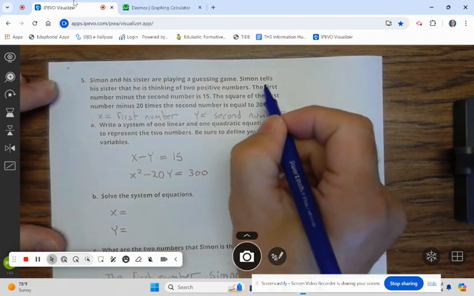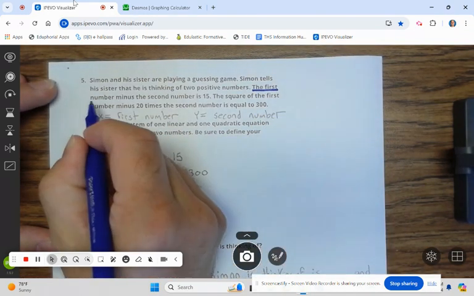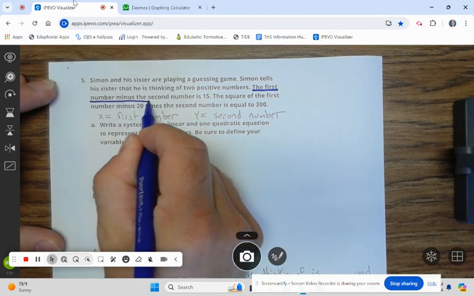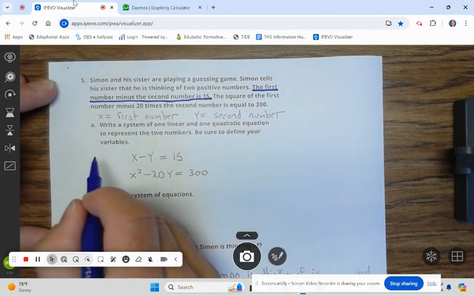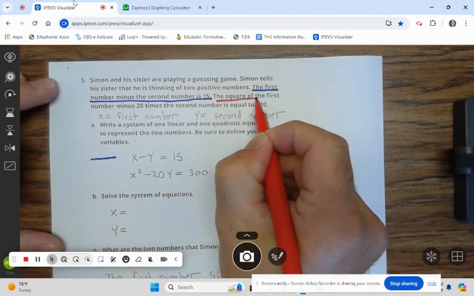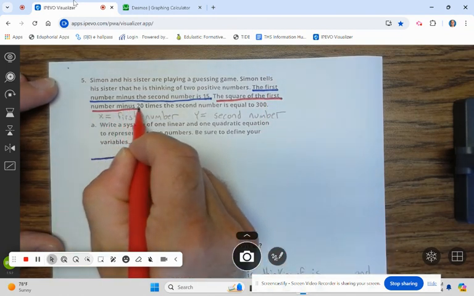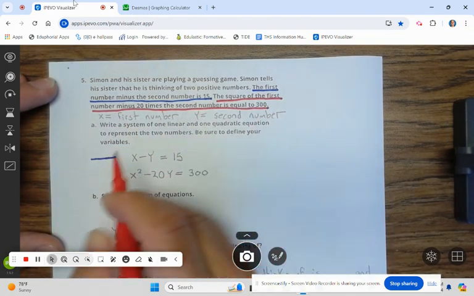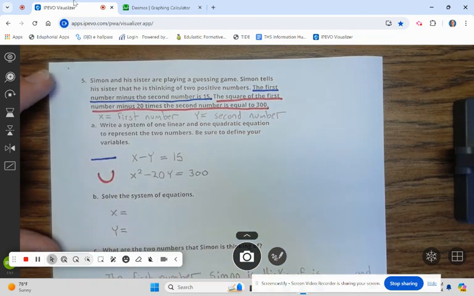And I'm going to underline in blue that this equation on this line, and this sentence forms this quadratic in this equation.